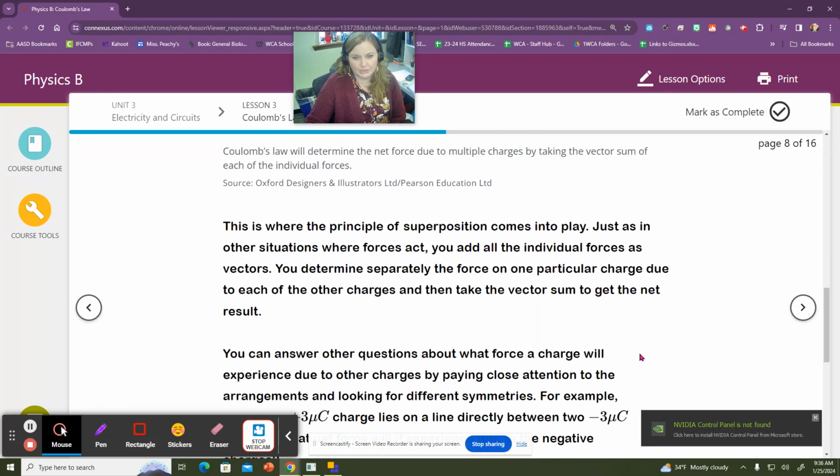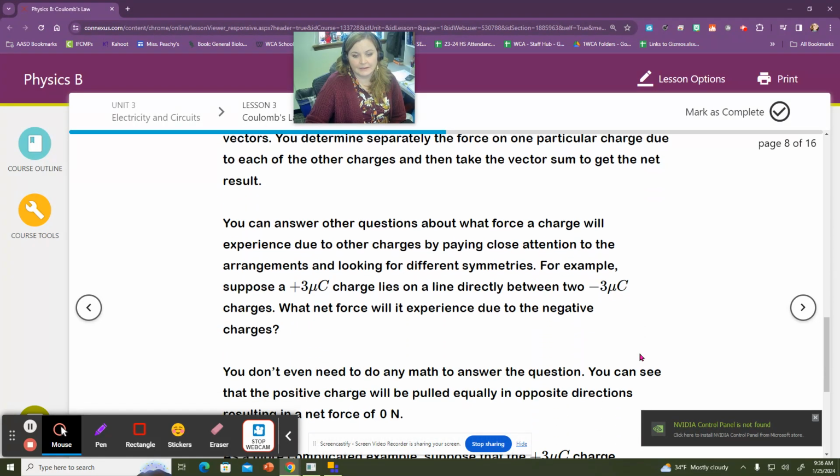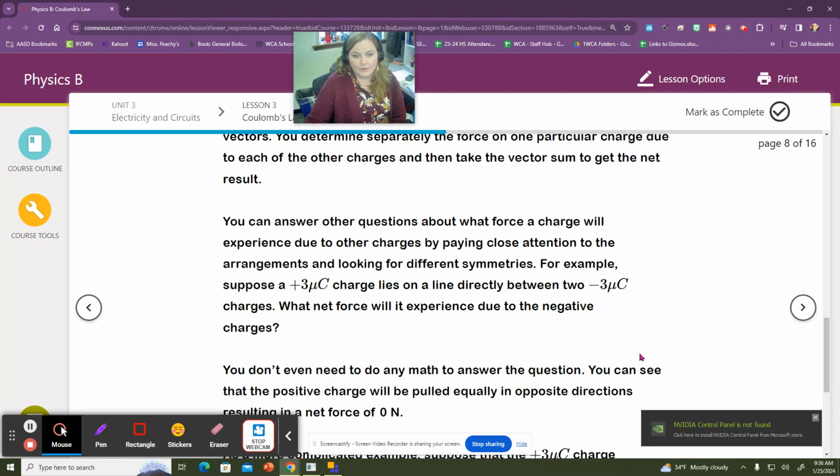We have multiple charges. So this is where the principle of superposition comes into play. You have to figure out how each is going to affect the other. So let's see here.